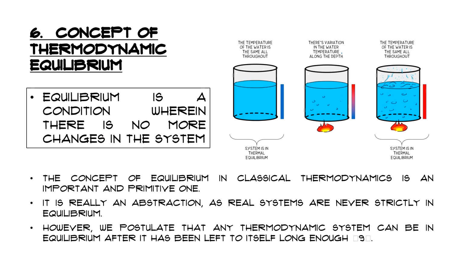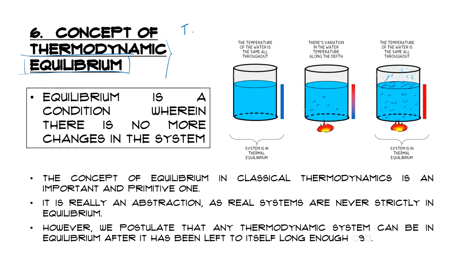Okay, and then next is the concept of thermodynamic equilibrium. The word equilibrium means that there are no changes in the system, but changes in what sense or in what aspect? We can say an object or a substance is in thermodynamic equilibrium in terms of, let's say, temperature.